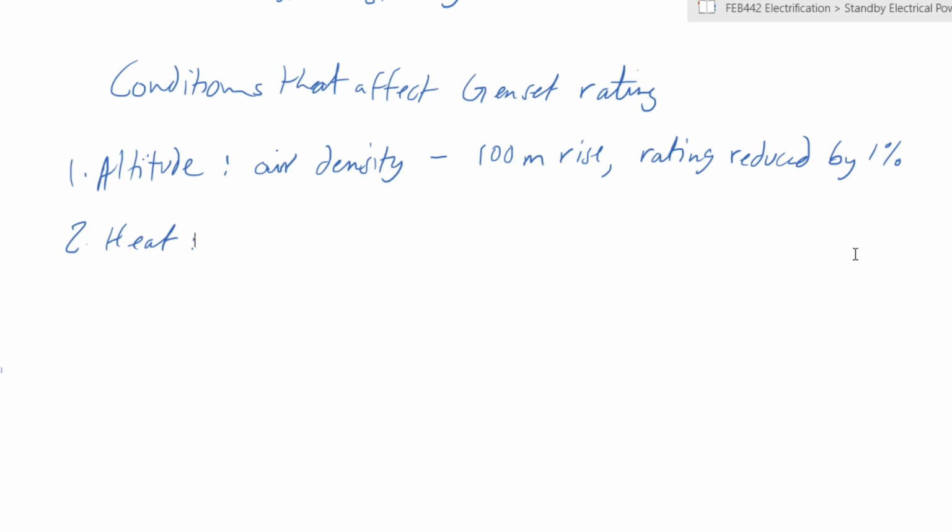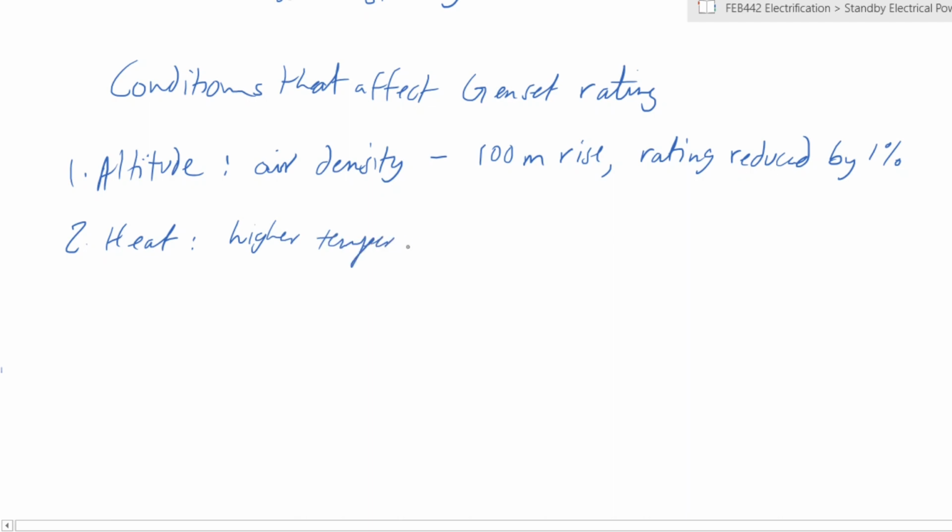If you're operating in colder climates, you can get away with more load being supplied. So in higher temperature climates, you must derate the machine. Derating simply means you reduce the amount of power that you are designing the machine for.